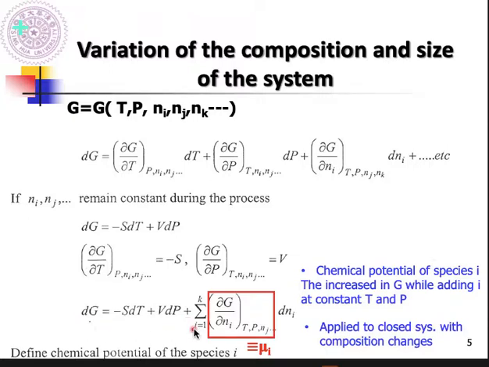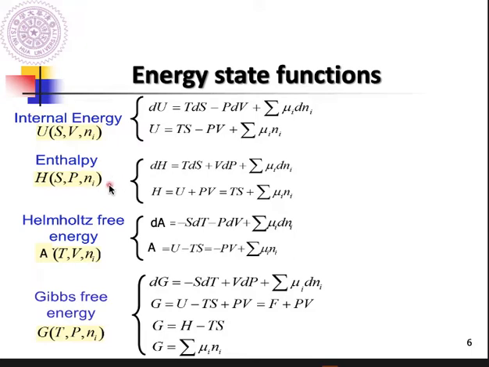After this, based on the same concept, we modify the rest of the energy state functions, like dH. Then we also add the chemical potential term to the Helmholtz free energy dA. We also add the chemical potential term to the Gibbs free energy, the same.